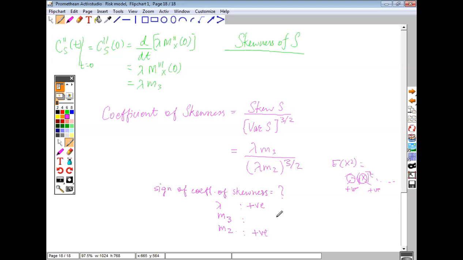So what do you guys think is the value of x? What does x here represent? Can it be negative anytime? No, it won't be negative. Exactly. So even my M3 will be positive. So if everything is positive, then I know that this will be positive.